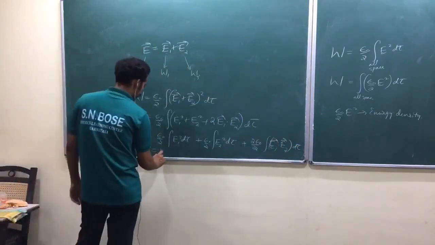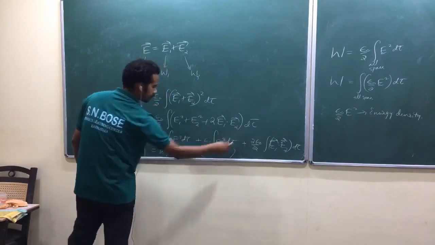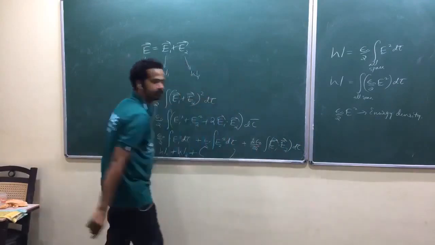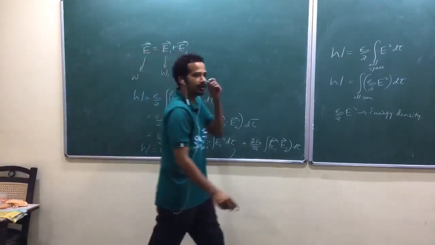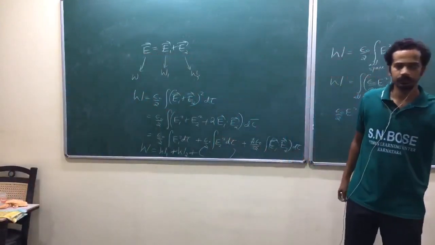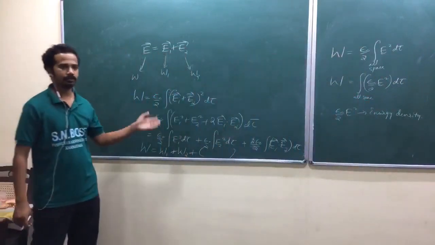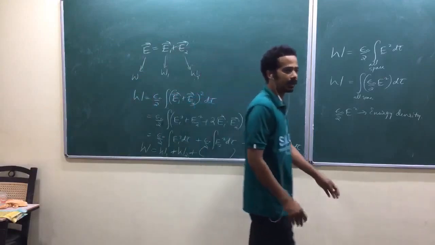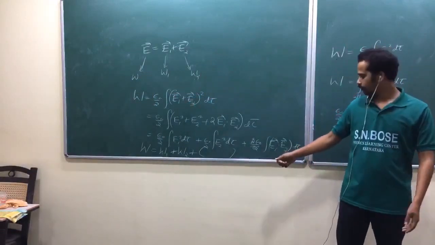So that's equal to W1 plus W2 plus some extra term, the last term. That's why energy will not follow the superposition principle. You can't just calculate the energy due to one part of the charge configuration and the energy due to the other part and add them. There is one more term here.